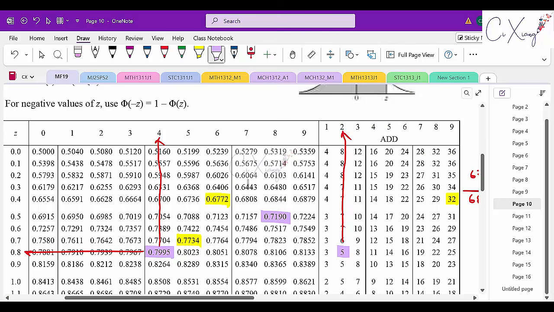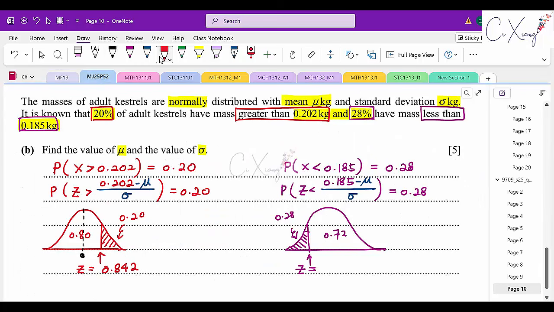You have to add a 10 at the last two digits, so that it becomes 0.72. Read out the value here, you will see that it is 0.583. Okay, so when I write it out here, it will be 0.583.